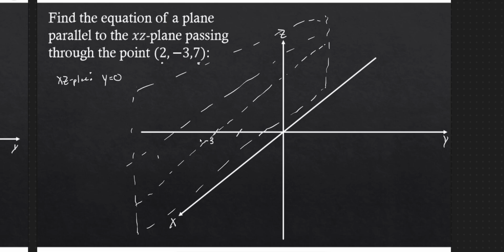So again, any x values are fair game. Any z values are fair game because I can head up or over in the x direction as much as I want and still be on the plane, but I need to fix my y value to be -3. So the solution is just y equal -3. As long as we put that restriction on our points x, y, and z, we force y to be equal to -3. What we'll obtain is this plane that passes through y equal -3, in particular this point.